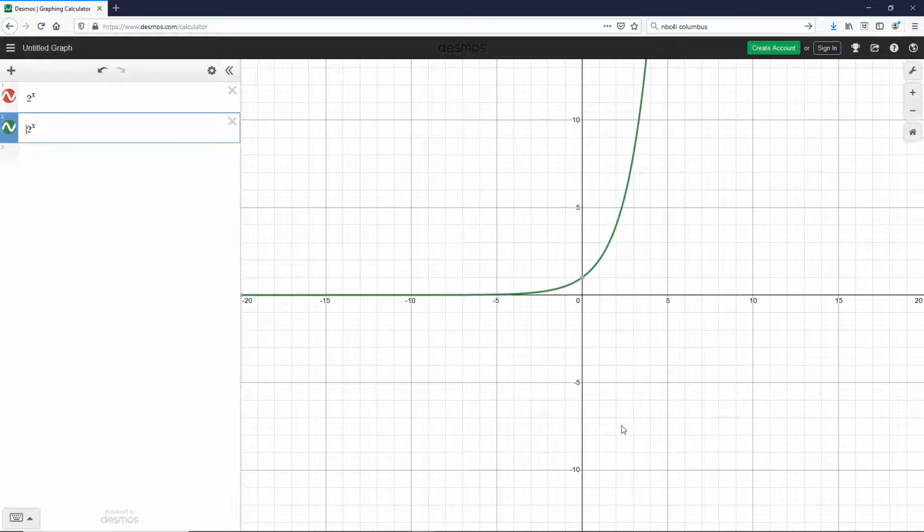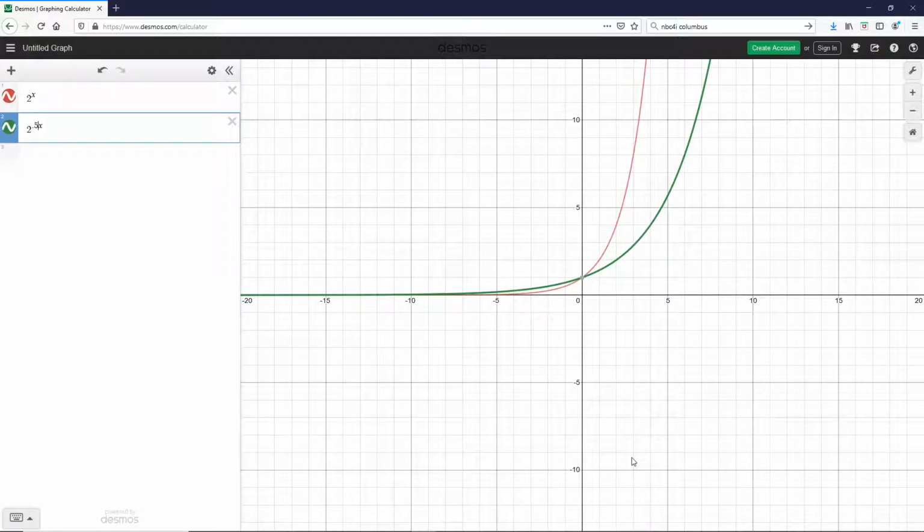Now if we wanted to do a horizontal stretch or compression, let's say I wanted to stretch the function about the y-axis by a factor of 2, then what you do is multiply just the x's by 1/2.